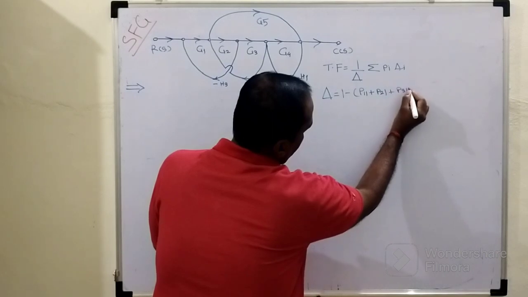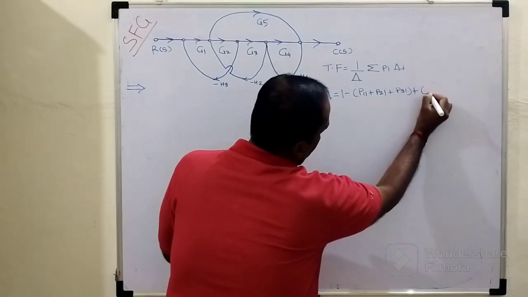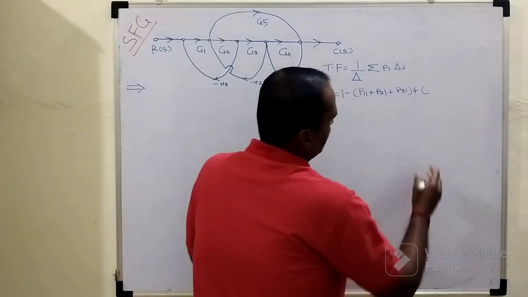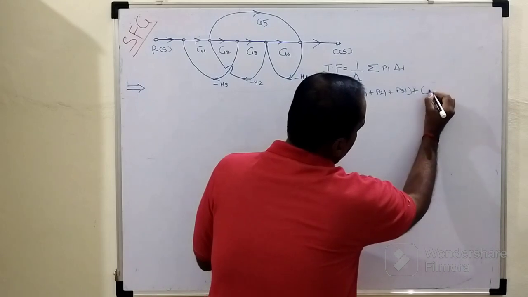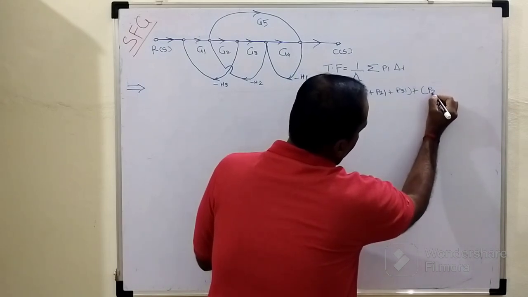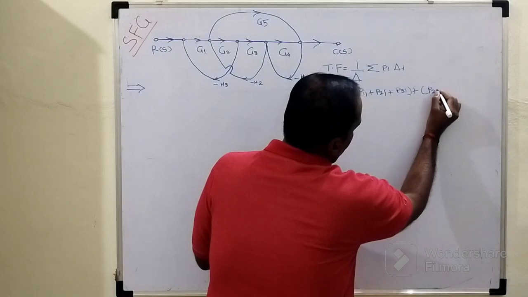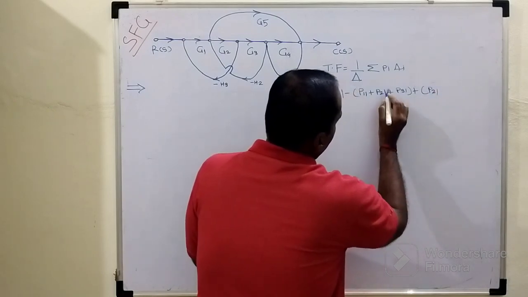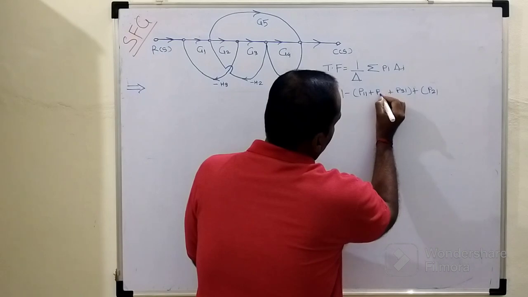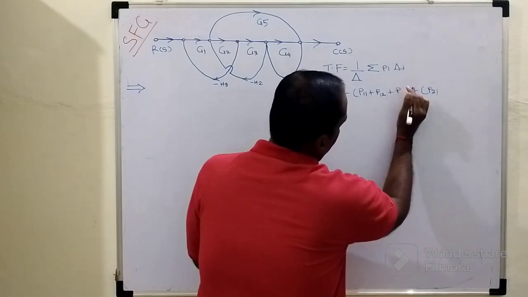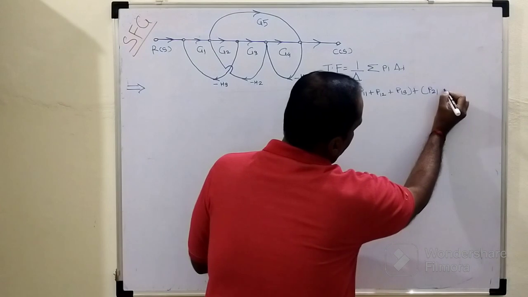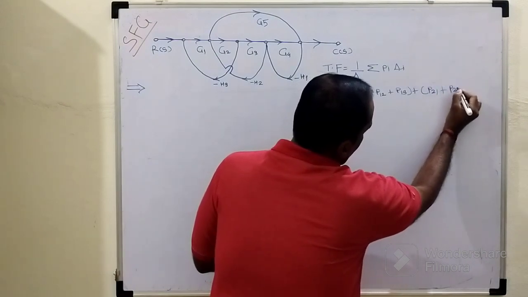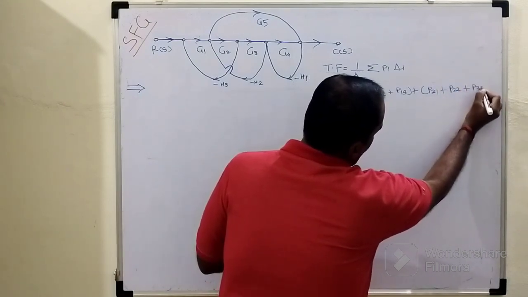plus third individual loop gain P31, plus again within that parenthesis the gain product of first 2 non-touching loops, second 2 non-touching loops, like this. So the first individual loop gain, the second individual loop gain, the third individual loop gain, P11, P21, P31, and here P12, P22, P32.